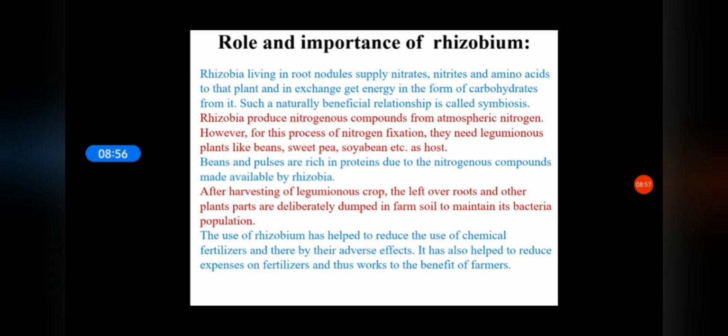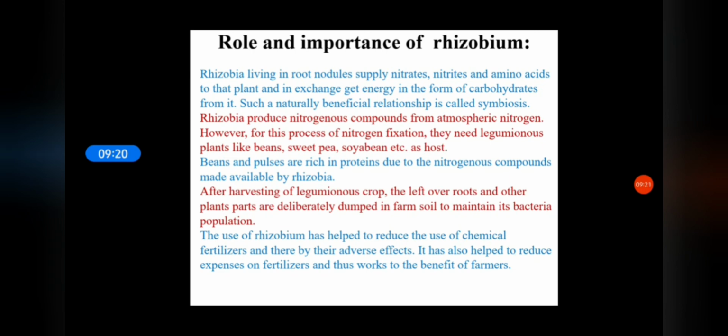Rhizobia produce nitrogenous compounds from atmospheric nitrogen too. However, for this process of nitrogen fixation, they need leguminous plants like beans, sweet pea, soybean, etc. as the host. Beans and pulses are rich in proteins due to the nitrogenous compounds made available by Rhizobia.